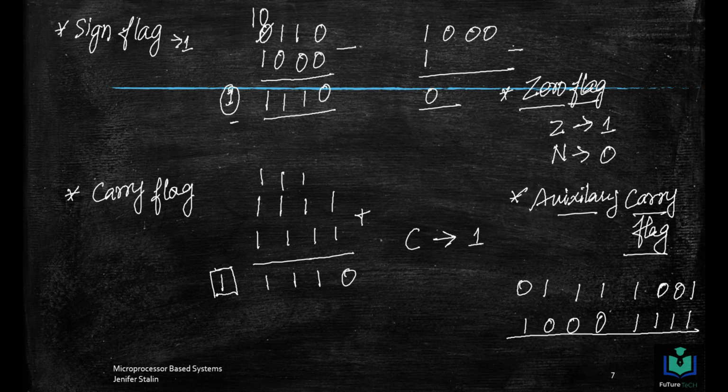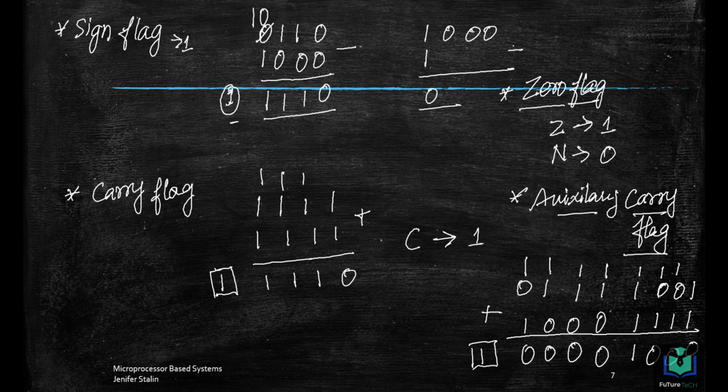While adding these two data values, it results in 0 1 0 1 0 1 1 0 1 0 1 0 1 0, and again you have a carry.